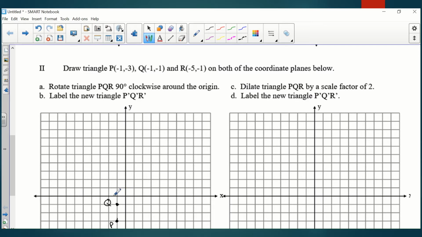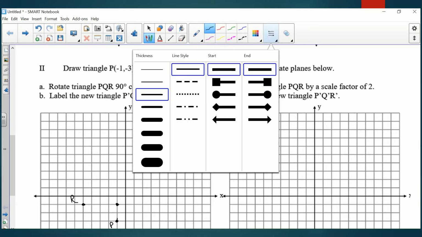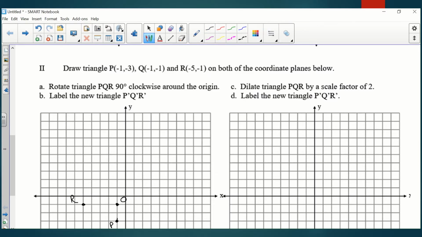I'll do that in a second. Negative 1, 2, 3, 4, 5. Negative 1. Here is R. Okay, and let me move where I labeled Q here. Okay. Alrighty.